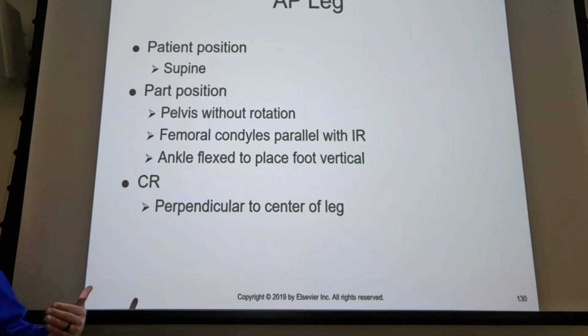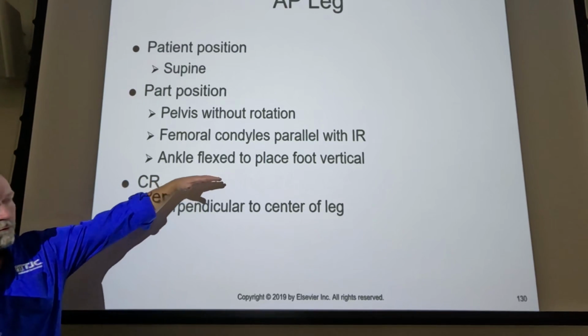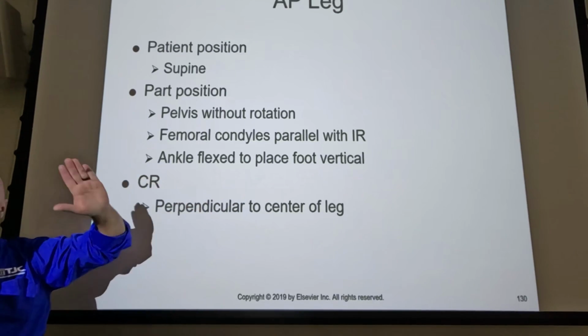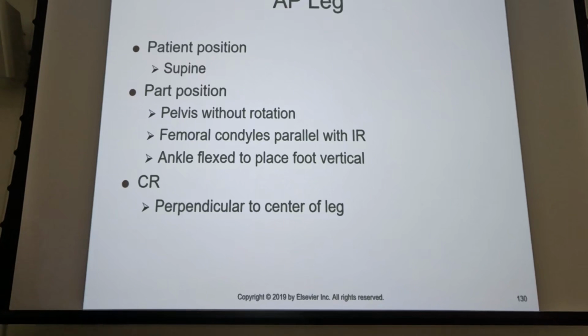Have those parallel to the image receptor, or you may see it referred to as equidistant from the image receptor. Equidistant just means equal distance from, right? Equidistant or parallel to the image receptor. So dorsiflex the foot, if the patient can do it, and the toes need to be pointed pretty much straight up. And then your central ray is going to be just to the middle of the anatomy.